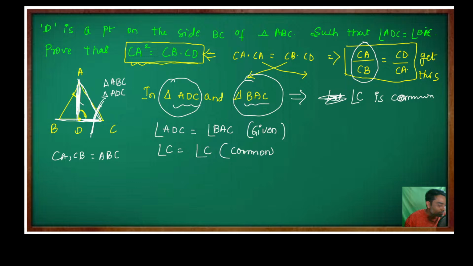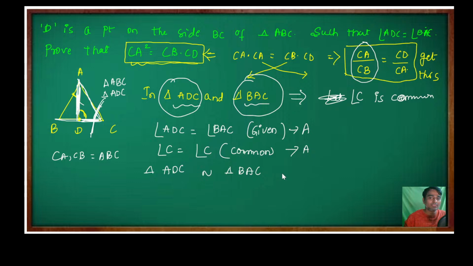So from which similarity? AA similarity, I can write triangle ADC similar to triangle BAC. Very simple. If these two triangles are similar, then the ratio of corresponding sides will be equal.